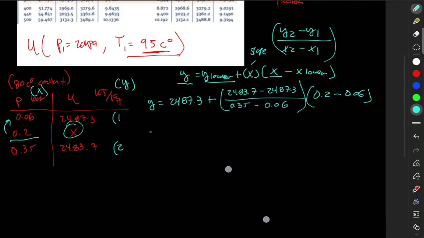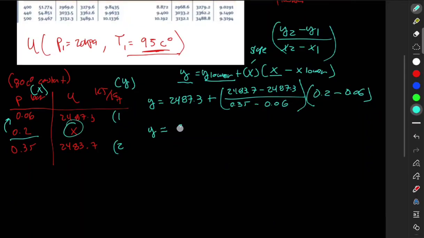I have 2485.56206 kilojoules per kilogram. This is my first answer. And how do you know you're right? As you can see, this number lies in between these two numbers, so that's right.